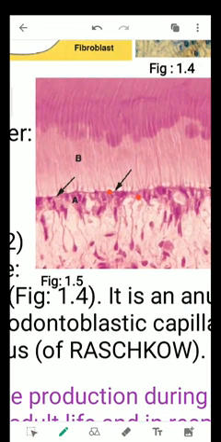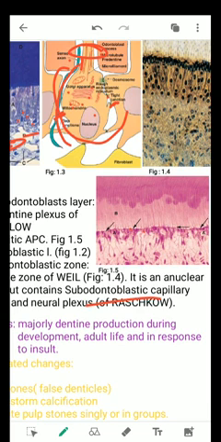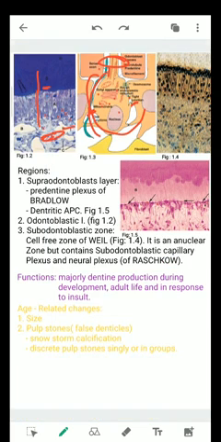You can see this somewhat whitish line. So this is your supraodontoblastic layer, and this layer reveals some things. Number one, the predentin plexus of Bratlau. Remember that below the odontoblast, we have the plexus of Raschkow.